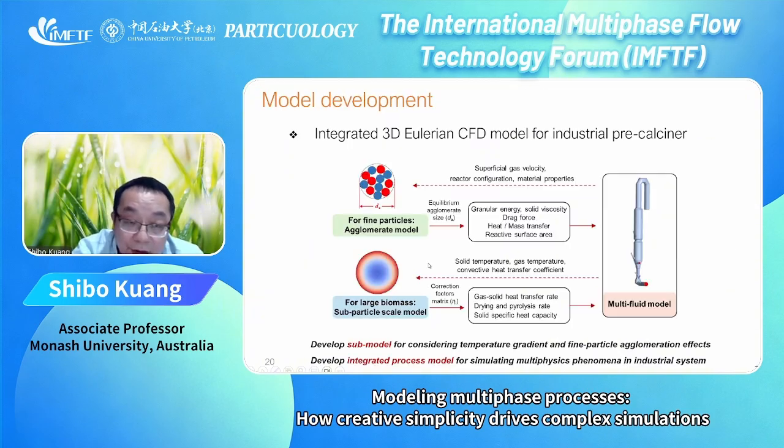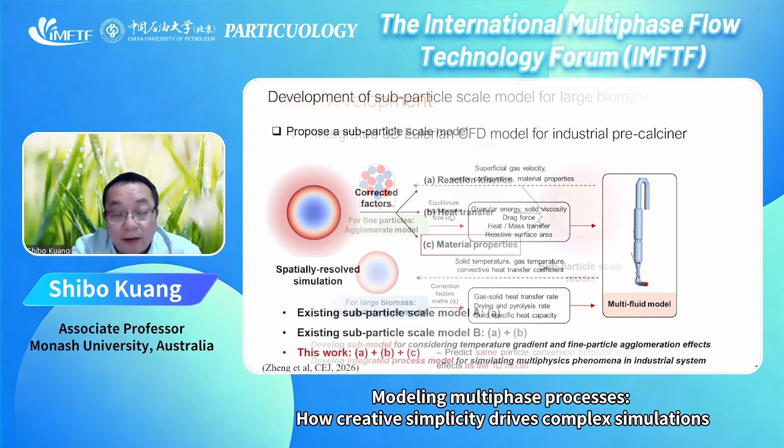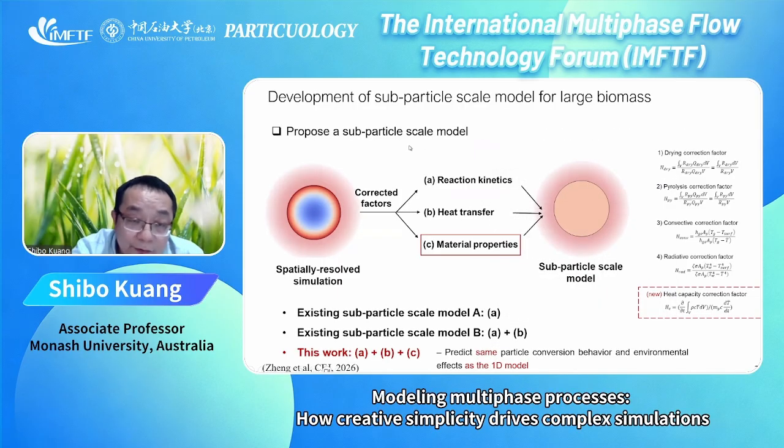For this reason, we developed a comprehensive model. In this model, we consider particle agglomeration, and we also consider the particle temperature gradient effect for the large biomass. This modeling is quite straightforward. First, we simulate a single particle using a partially resolved simulation method, that is direct simulation, so we can obtain the temperature distribution inside the particle.